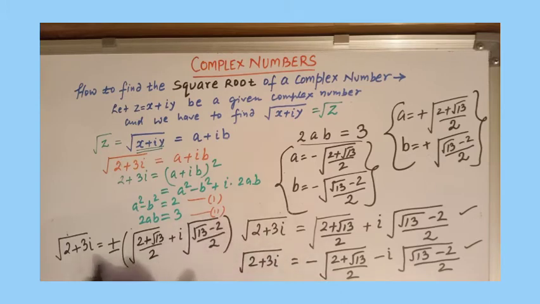Clear? So this is the final square root of 2 plus 3i.